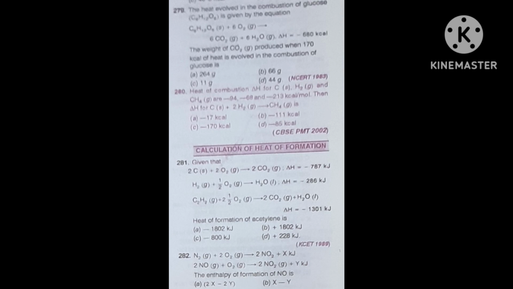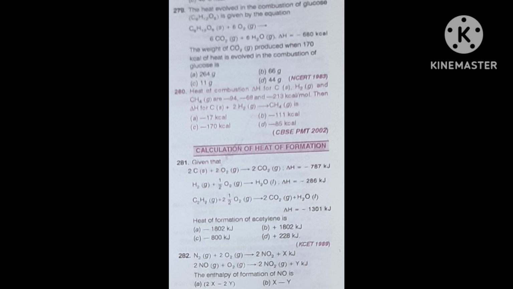Now the next question I am telling you is based on heat of formation. Again three reactions are given. 2C plus 2O2 gives 2CO2, delta H value is given minus 787 kilojoule.